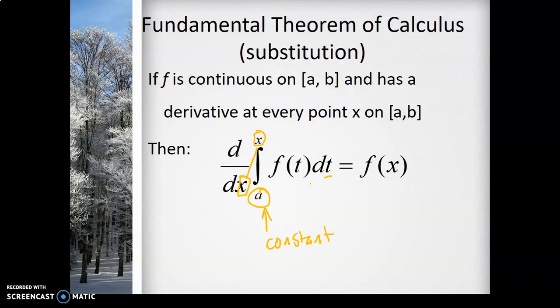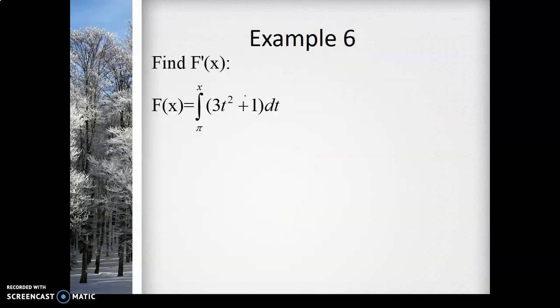And the variable of integration needs to match the variable that's inside. If those three things are all true, then all you have to do is plug in the variable that's on top. So instead of f of t, the derivative of the integral of f of t dt is just f of x. So it's the same function, you just swap in a different variable.